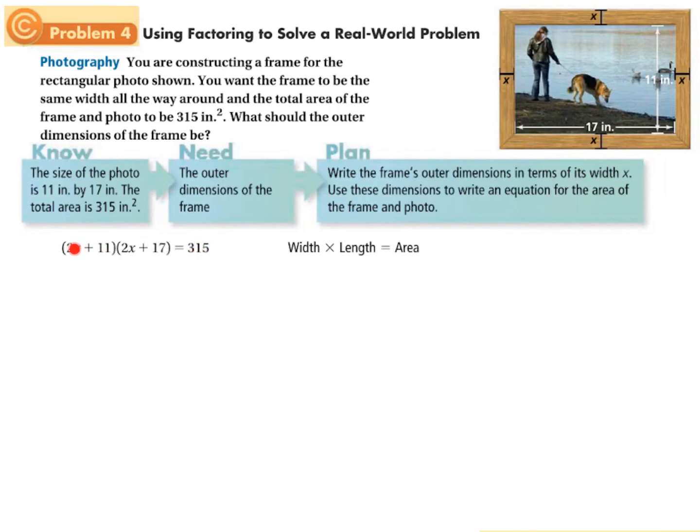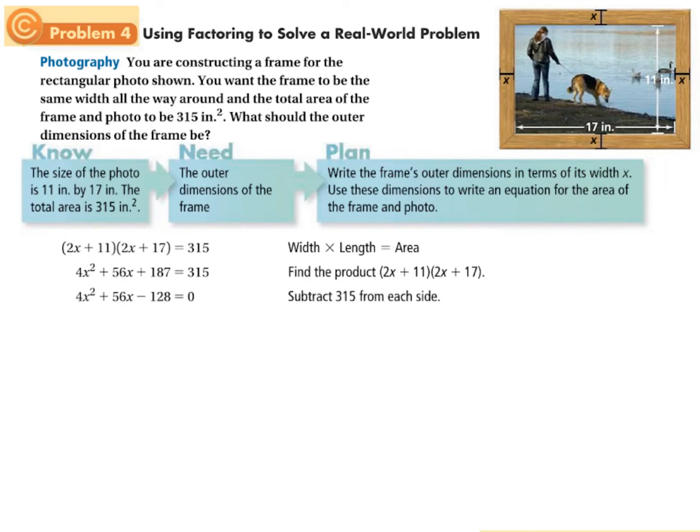Can you set these equal to 0? No, you may not. Why not? Because it doesn't equal 0 yet. You have to subtract 315 from both sides, which is going to change what the resulting left side would factor into. Watch. You multiply it all together, you get that. Now you've got to subtract 315 from each side. Now you have something that can be factored.